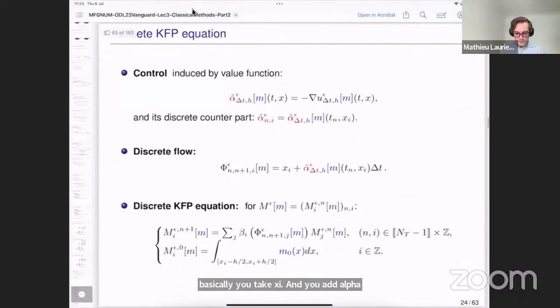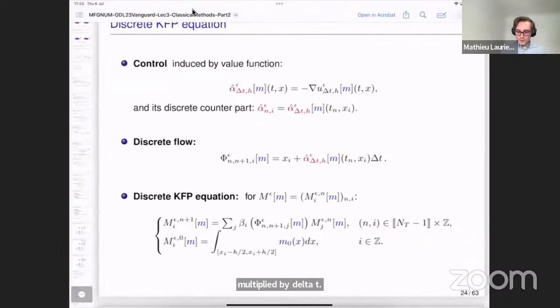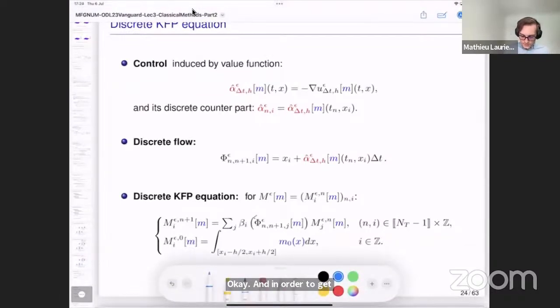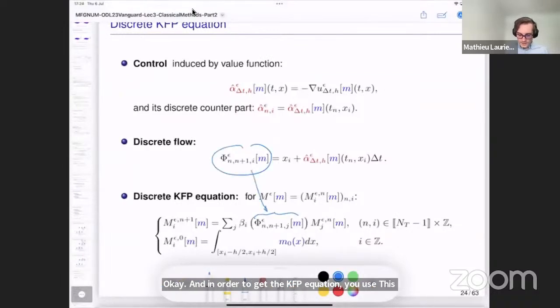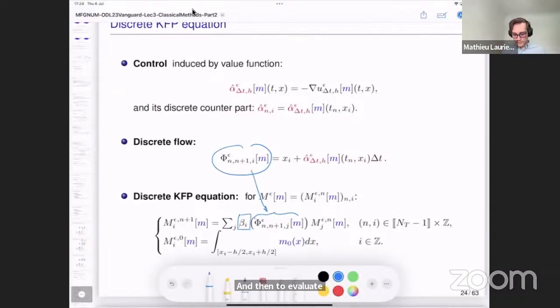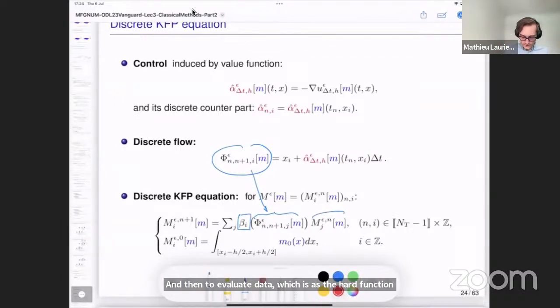And in order to get the KFP equation, you use this phi epsilon defined above, and then you evaluate beta, which is the hat function, and you multiply by the mass at the previous time step. So here we want to have time step n+1. You use the mass at time n, and you move it forward, but you split it depending on where phi takes you. If it's a point in between xj and xj+1, then you split it into 2 parts.